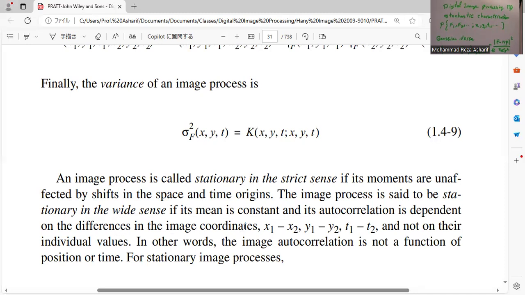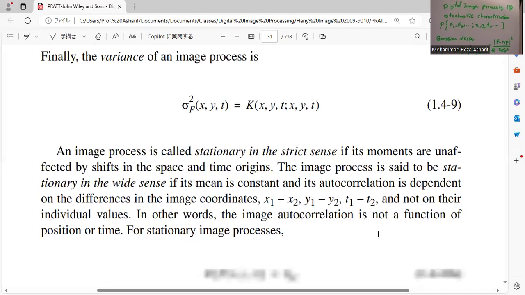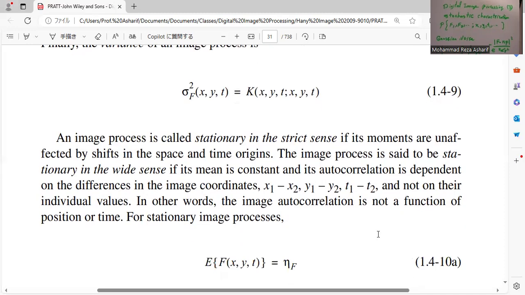So the mean is constant and the autocorrelation is dependent on the differences x1 minus x2, y1 minus y2, t1 minus t2. So the difference between two pixels is important. It doesn't matter what the position of the pixel coordinate on the image is. In other words, the image autocorrelation is not a function of the position or the time.